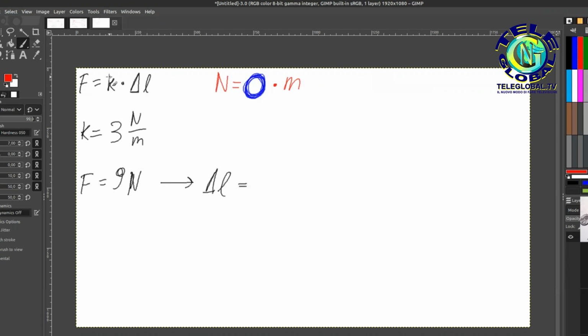You just take the K here and bring it to the other side. It will be force over constant. So 9 Newton over 3 Newton per meter.